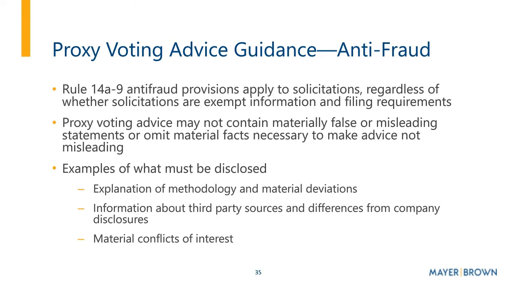And this means that proxy voting advice as a solicitation can't contain materially false or misleading statements or omit material facts. And this guidance went on to give examples of types of information that may need to be disclosed to comply with the anti-fraud requirements.